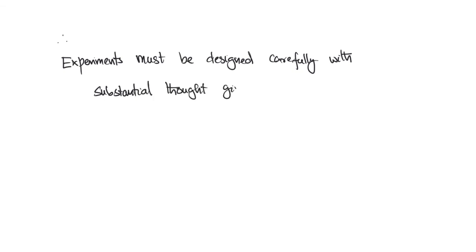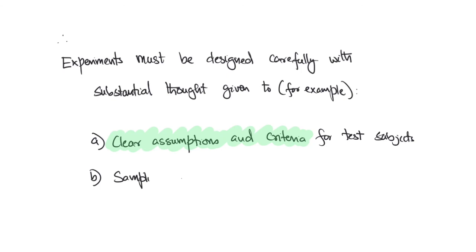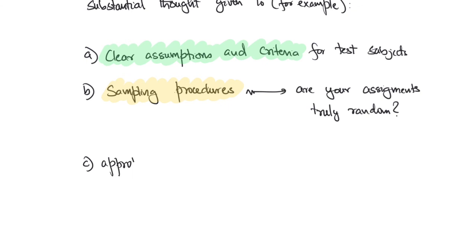Finally, to wrap up, we emphasize that experiments must be carefully designed with substantial thought given to, for example, developing clear assumptions and criteria for test subjects, figuring out proper sampling procedures, especially dealing with the question of whether your test subjects' assignments are truly random, figuring out appropriate sample size to get desired error bounds, and finally, to document everything.